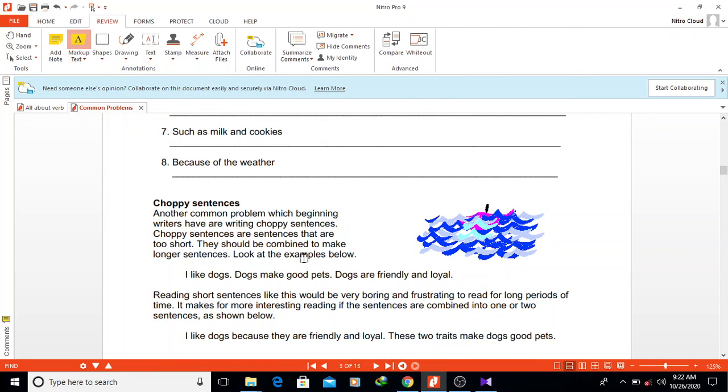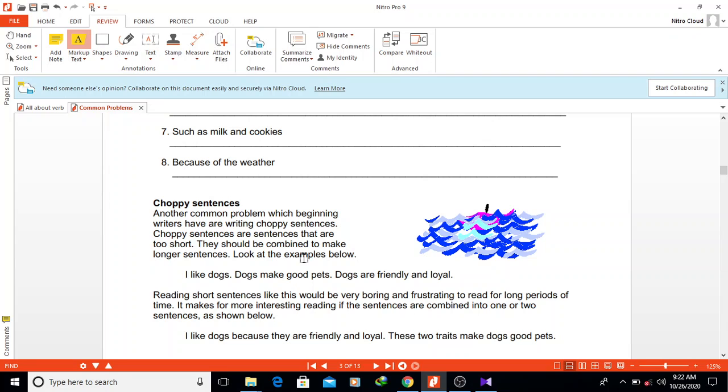The second error is choppy sentences. Yeah, I found this quite a lot in your writing last week. My name is Acho. I was born. My name is Acho. I like reading in my room. I don't like blah blah blah. It's too short.